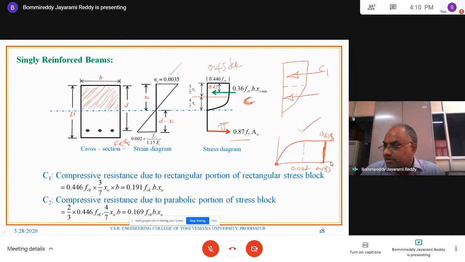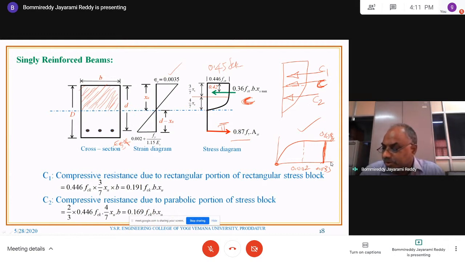Another force will be C2, the compressive resistance provided by the concrete corresponding to the parabolic stress block. And the sum of these two will be acting somewhere here, which is C. That C is C1 plus C2, that means the compressive resistance of the rectangular portion plus the compressive resistance of the parabolic portion of the stress block.